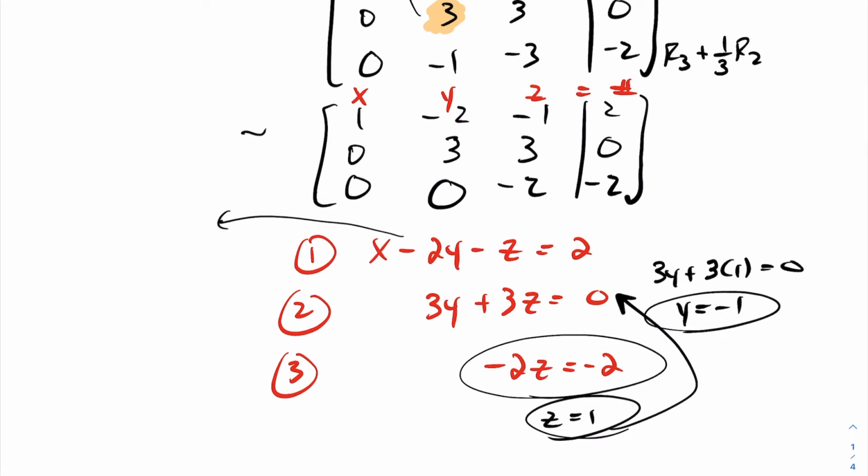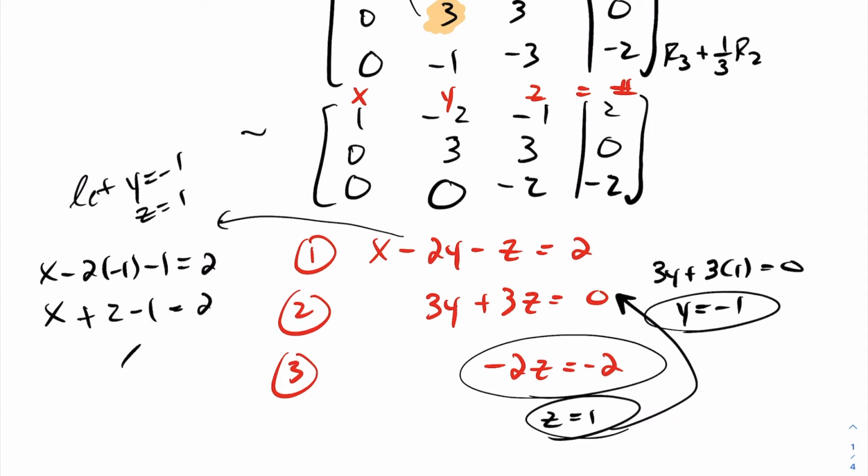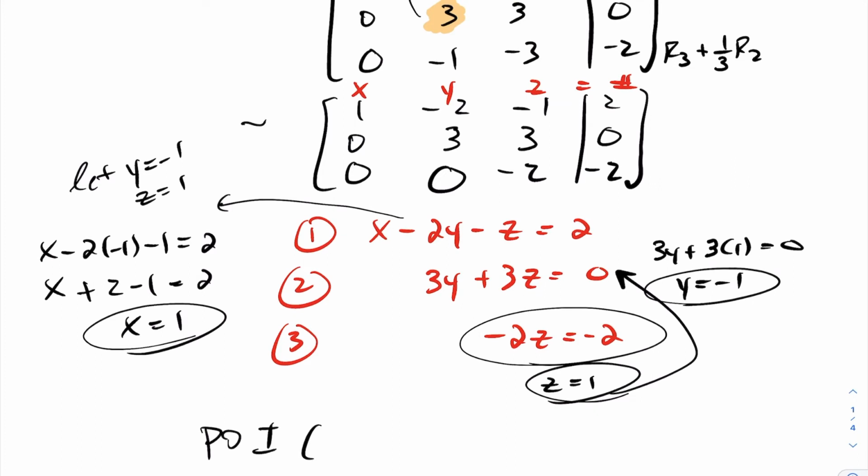So subbing these in here, I'm going to let y equal -1 and z equal 1, giving us x minus 2 times -1 minus 1 equals 2, in which case we get x plus 2 minus 1 is 2, and I end up getting here x equals 1. So the point of intersection of this system of equations is going to be (1, -1, 1).